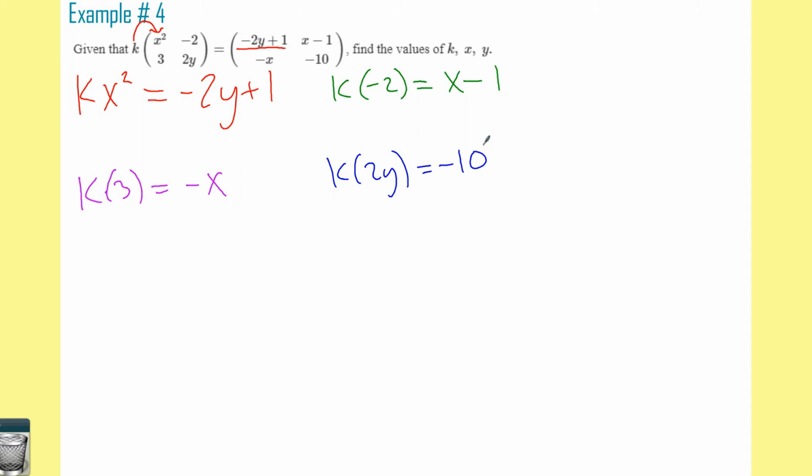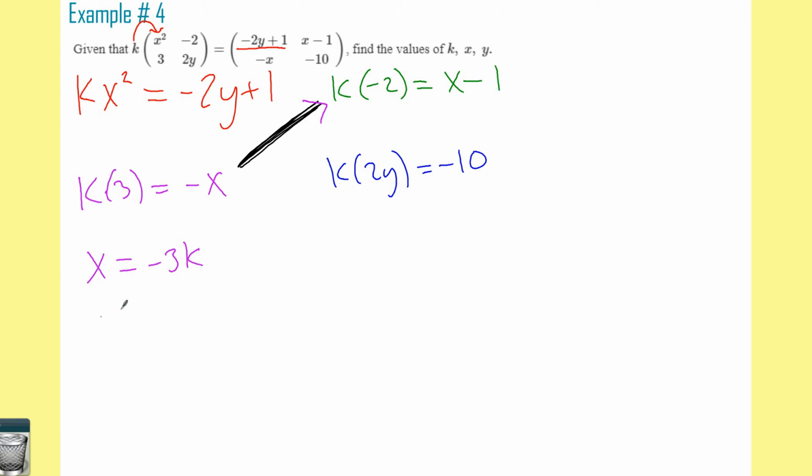So we have a lot of equations, right? Remember, for a system of equations, I need 2 equations with the same 2 variables. So that's going to be these 2. Here I can think of this one as x equaling negative 3k and plug it into the green equation.